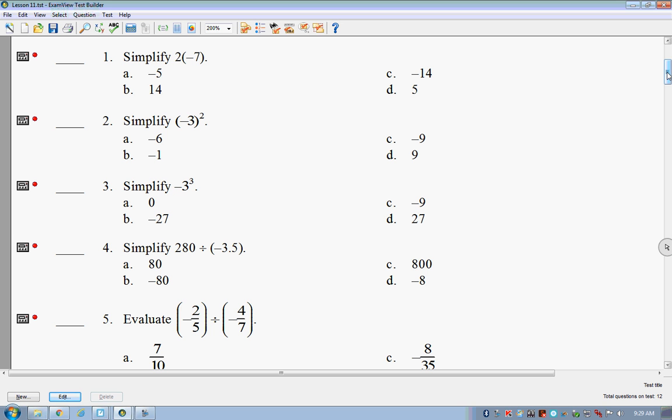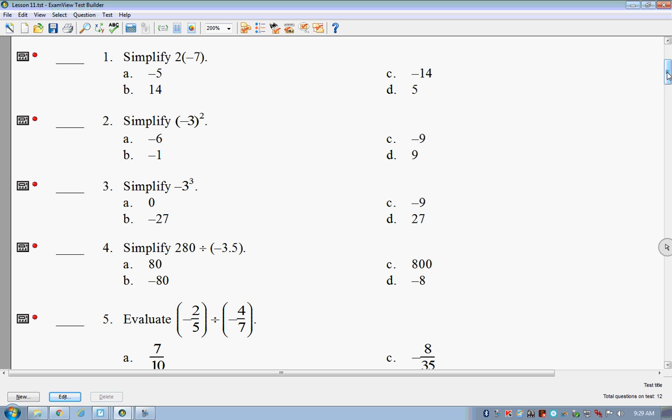2 times negative 7. Negative 14, great. All right, let's look at this. Negative 3 squared. What am I doing with the negative 3 there? Multiplying it by negative 3. What's negative 3 times negative 3? Positive 9, because a negative times a negative is always a positive. All right?